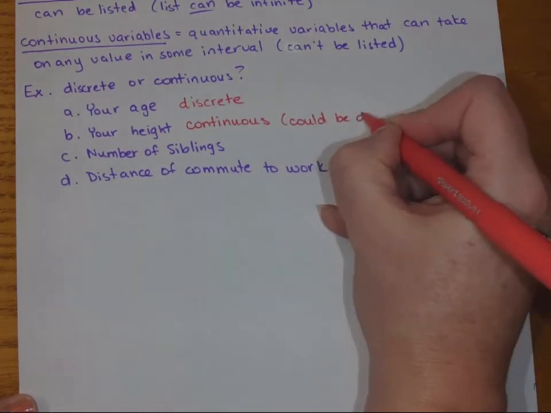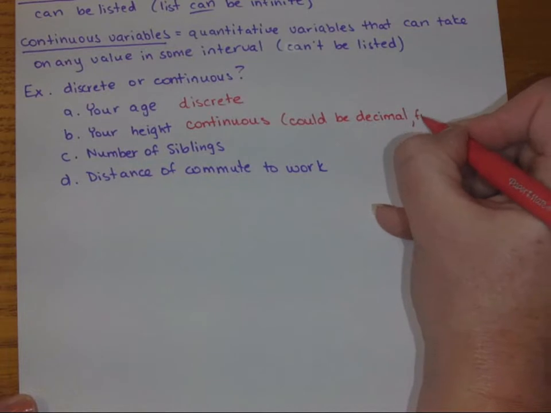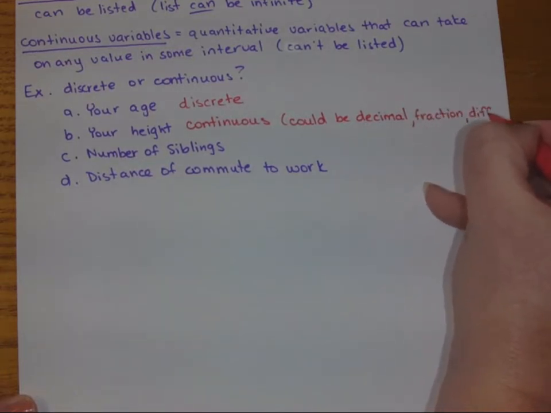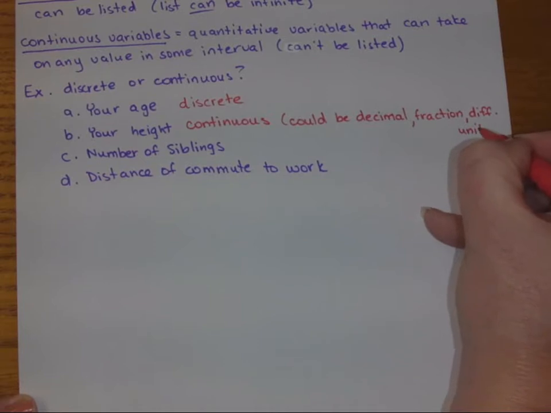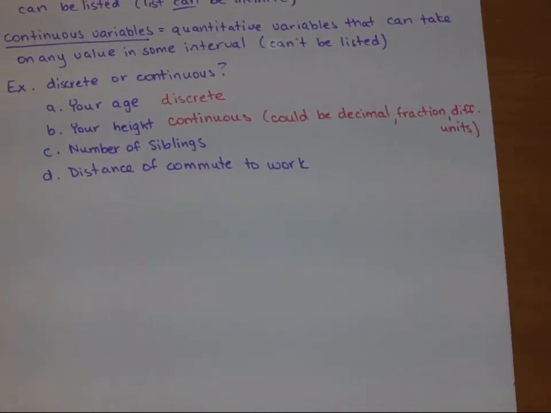So this one, it could be a decimal or fraction. It could be different units, all kinds of things. In other words, you couldn't really list out someone's height. You'd always have to be squeezing something more specific in between.